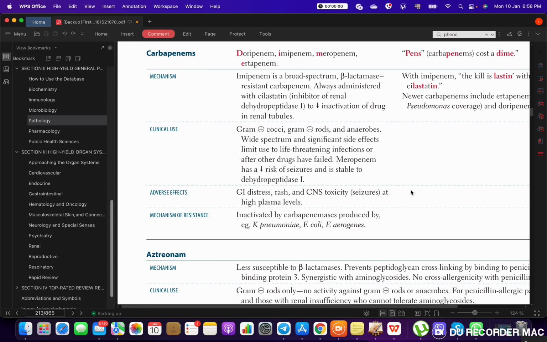Meropenem has a reduced risk of seizure and is stable to dehydropeptidase 1. So this is important. That means that with meropenem you might be able to use it alone or not. Tell me, can I use meropenem alone without cilastatin?